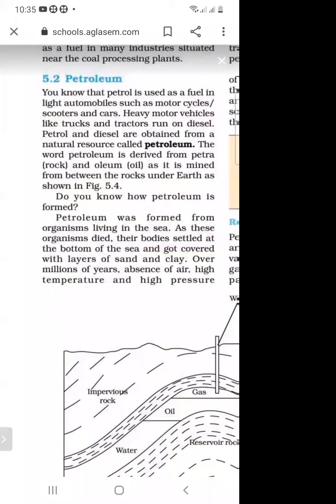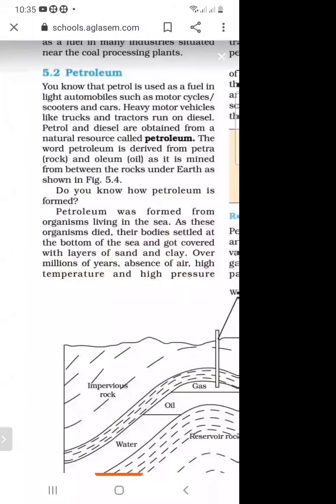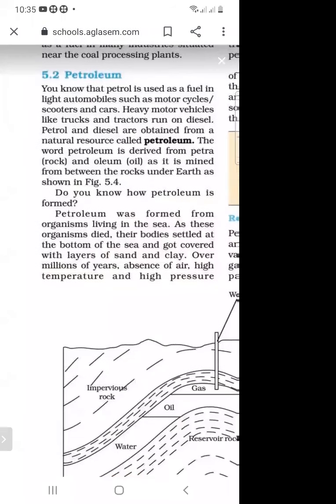So how is petroleum formed? We will study how petroleum is formed. Petroleum was formed from organisms living in the sea. As we know, there are tiny organisms living in the sea, and petroleum is formed from these tiny organisms.